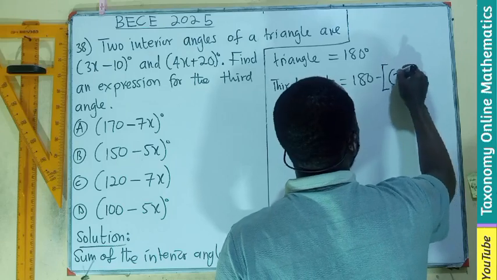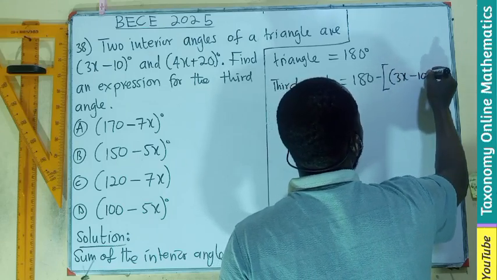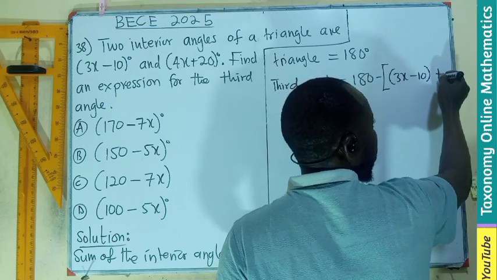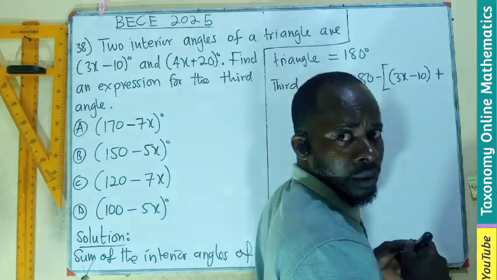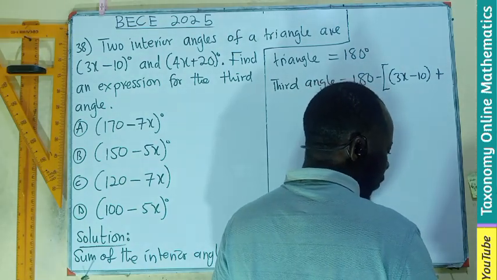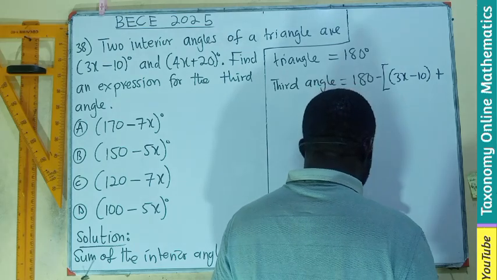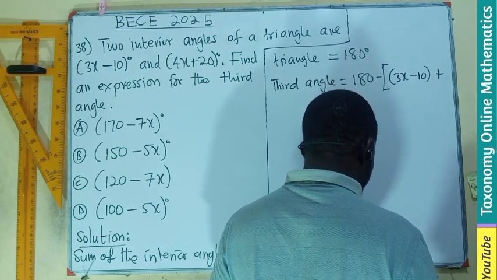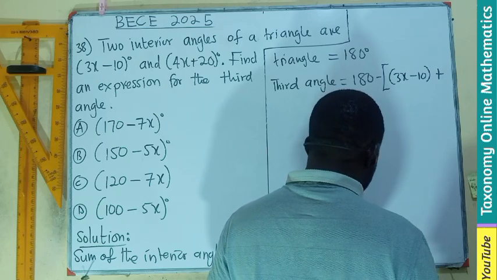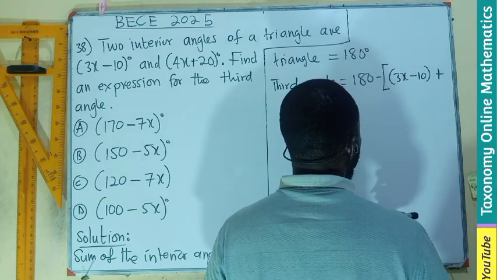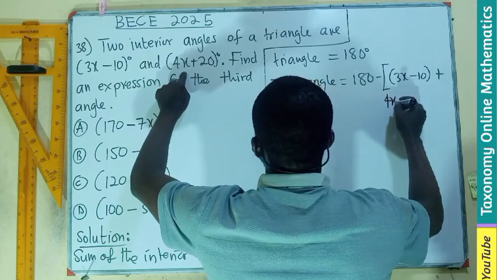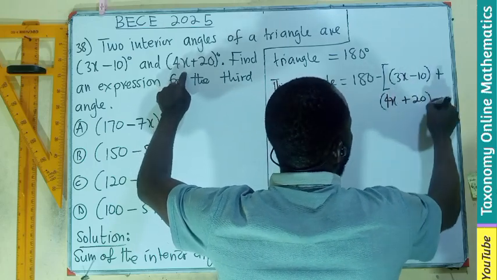I think that will be 3x plus the next one, which is going to be 4x plus 20.